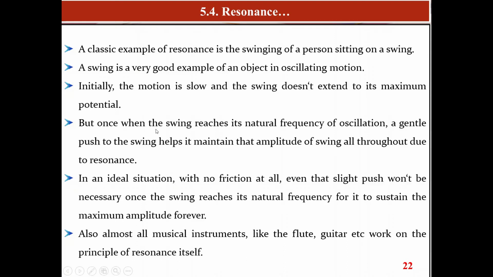But when the swinging reaches its natural frequency of oscillation, a small push helps to maintain its amplitude. The maximum amplitude will be maintained by a small force all throughout due to resonance.